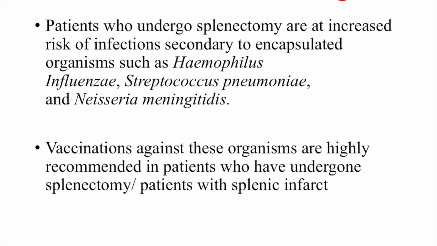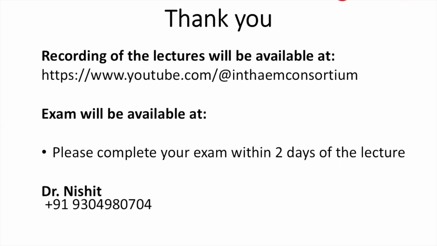Also important to point out that sometimes there will be a splenic infarct, and if the infarct is more than 10%, it is also recommended to give these vaccines. So this was the approach to splenomegaly and eosinophilia.